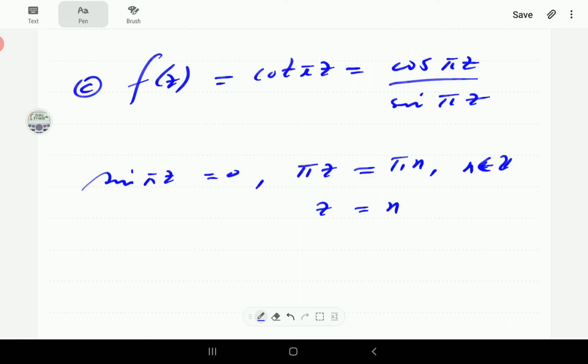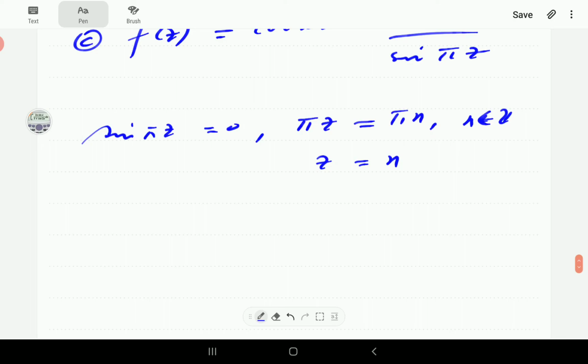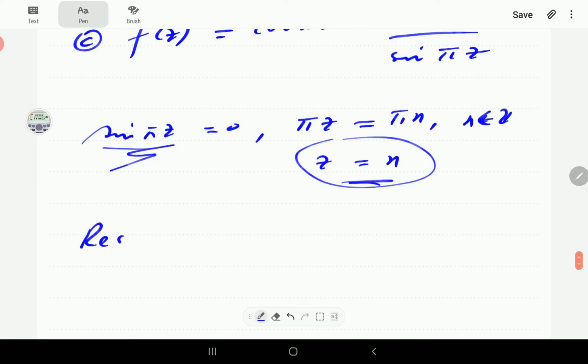And we know that these are simple roots of sine. So these are going to be simple poles, so we can use that formula. So residue at z equals n.